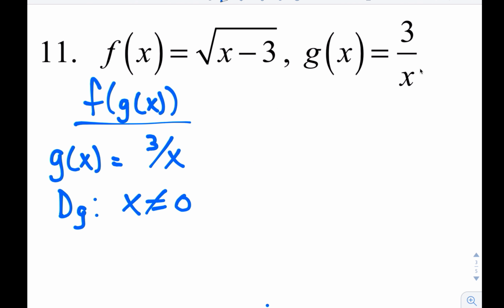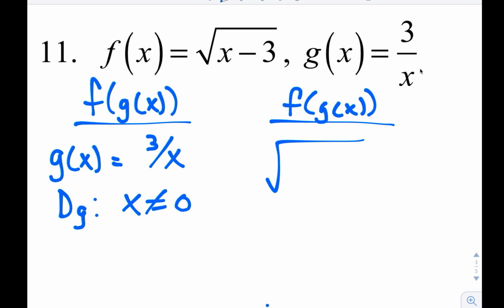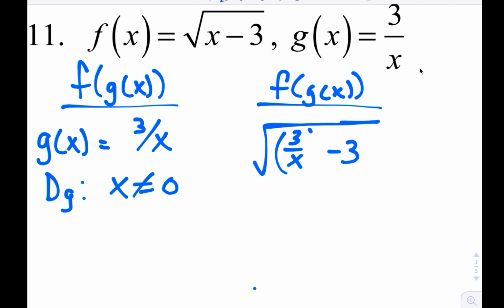So now when I do f of g of x, right, now I'm going to have the square root of 3 over x minus 3. Right, again, anywhere you see an x term, you replace with g of x. Okay, now to find the domain of that, I have to make sure that 3 over x minus 3 comes out to be greater than or equal to 0.